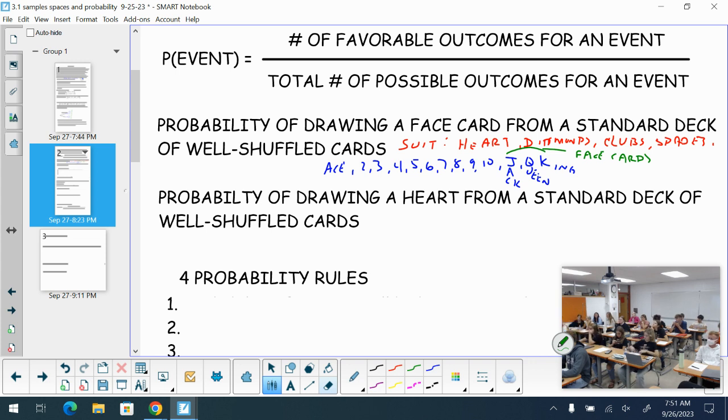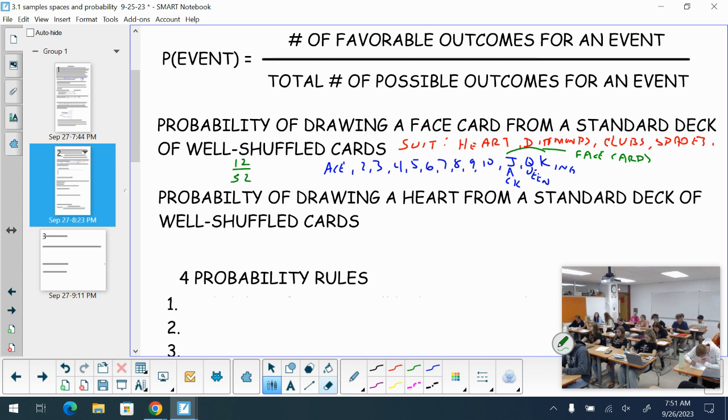We have 3 in each suit, so we have 12 face cards. That's our favorable outcomes over the total number of outcomes. How many cards in the deck? 52. So 12 out of 52.